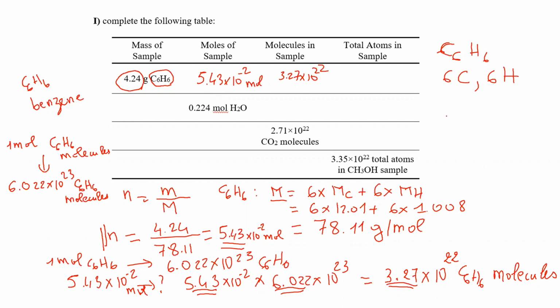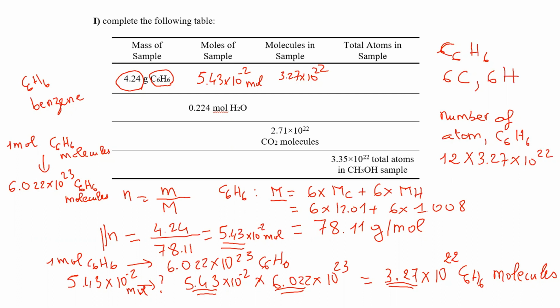If you want the total number of atoms for C6H6, it's going to be 12 times 3.27 10 to the power 22, because I have 6 plus 6.